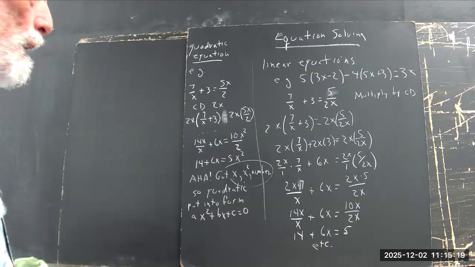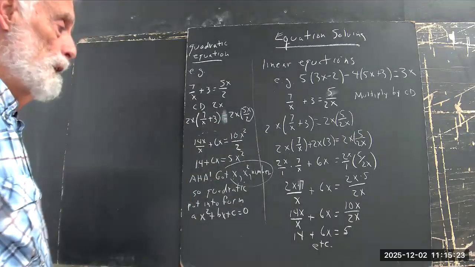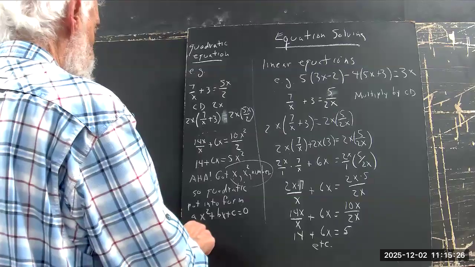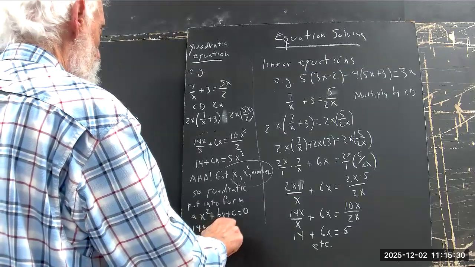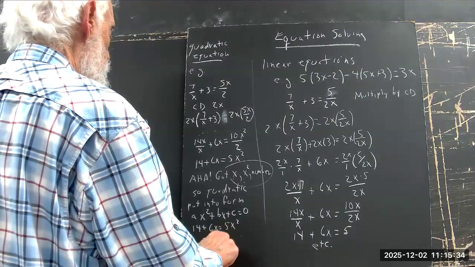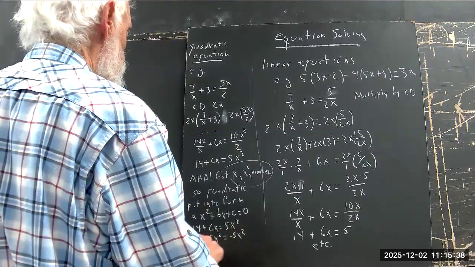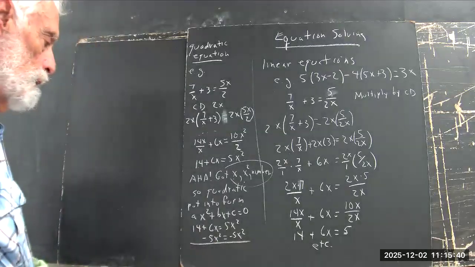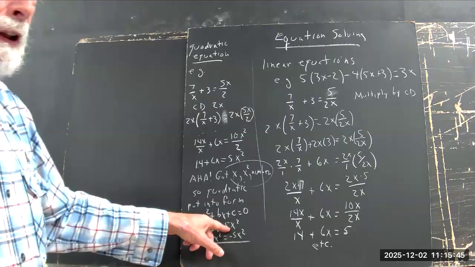And we just do that by getting everything on the same side. So we add a -5x² to both sides, which will make this side 0.